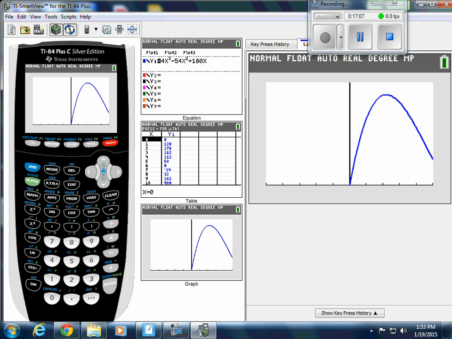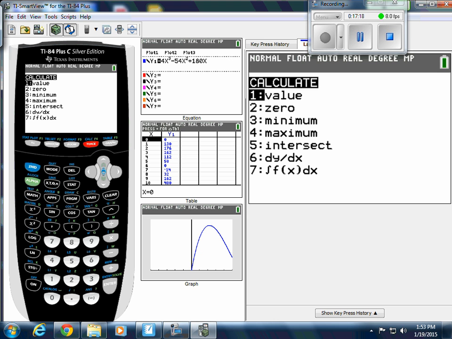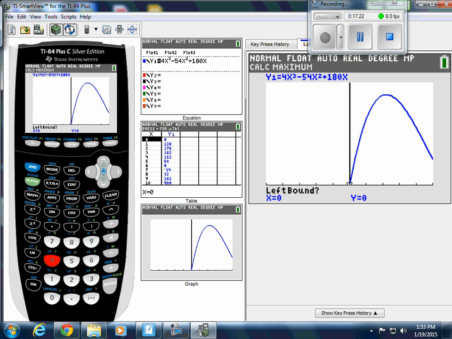Okay, and you can keep zooming out until you find whatever that is, but now I just want to find the local max. So again, I'm going to go to second calculate, and I want to find that maximum. I'm going to find a point here on the left, a point on the right, and the maximum value.